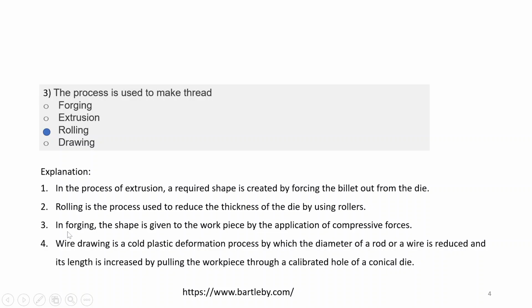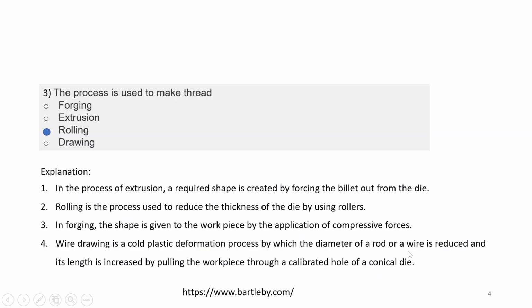In case of forging, it is basically hammering. Using hammers, you give a certain shape to a workpiece by the application of compressive forces. Wire drawing is a cold plastic deformation process by which the diameter of a rod or wire is reduced and its length is increased by pulling the workpiece through a calibrated hole of a conical die.